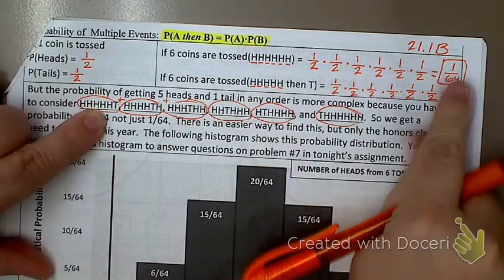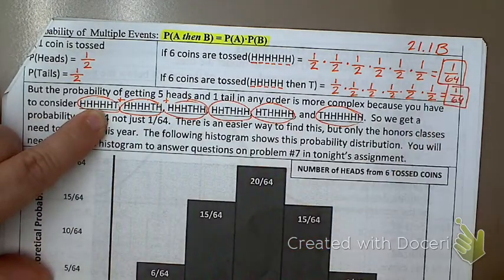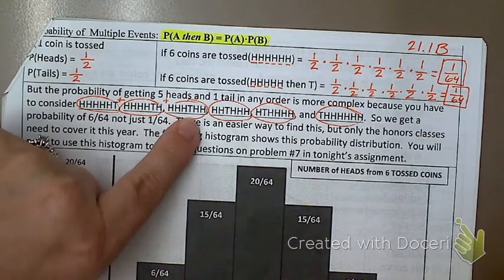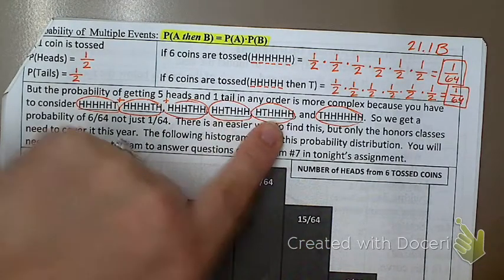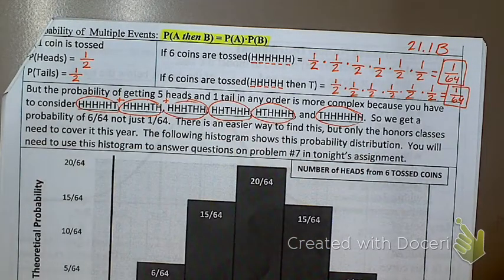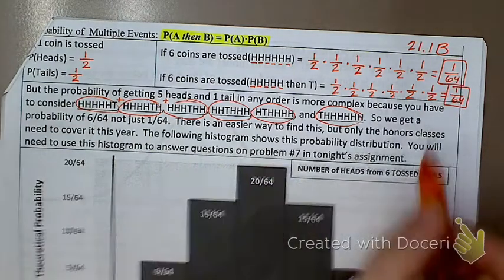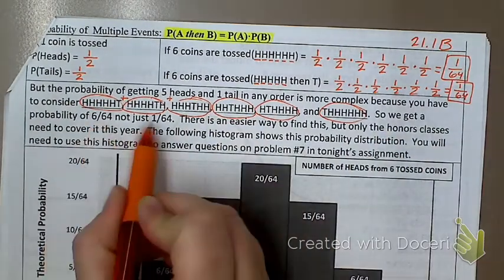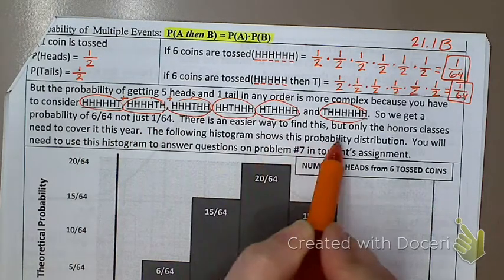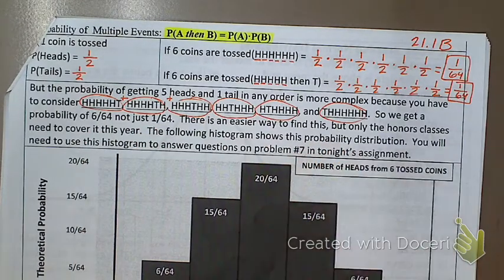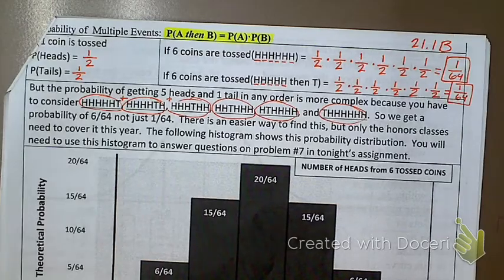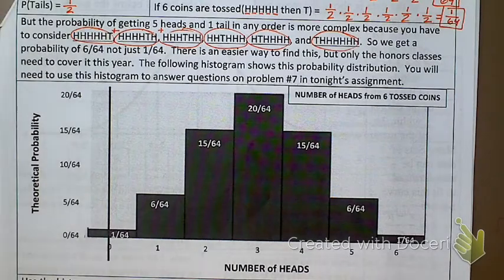So you would have your 1/64th that you calculated up here, plus 1/64th, plus 1/64th, plus 1/64th, plus 1/64th, plus 1/64th, and that gives us our total of 6/64ths. So we get a probability of 6/64ths, not just 1/64th. There's an easier way to find this, but only the honors classes need to cover it, so we're not going to go there. So the following histogram shows the probability distribution.